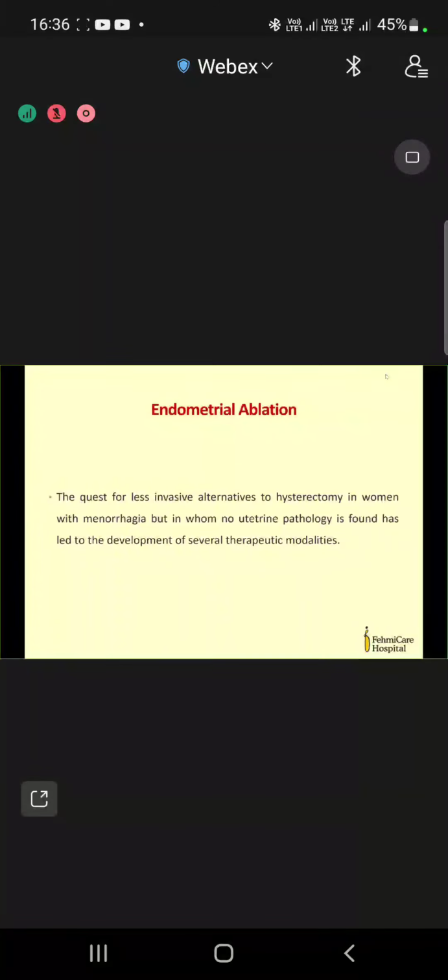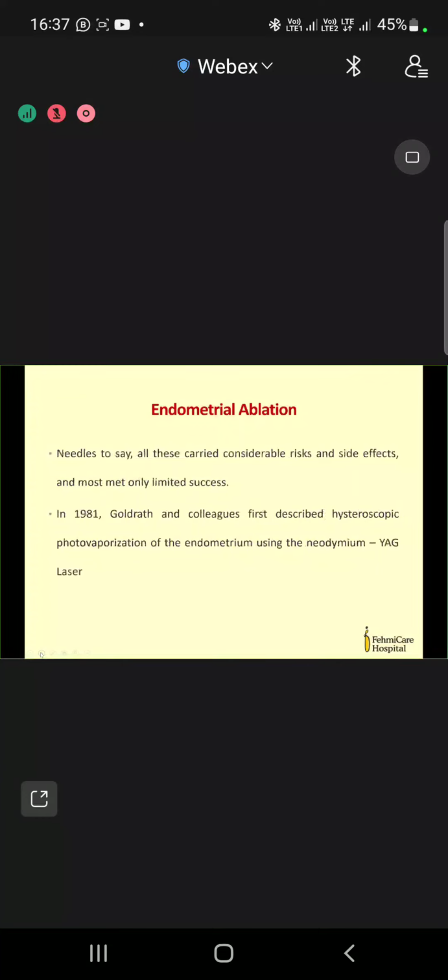So in this method, they developed various irritants and injected them into the uterine cavity, chemicals like paraformaldehyde, methyl cyanoacrylate, or quinacrine hydrochloride. They injected them into the uterine cavity to create an Asherman-like syndrome, thereby achieving amenorrhea.